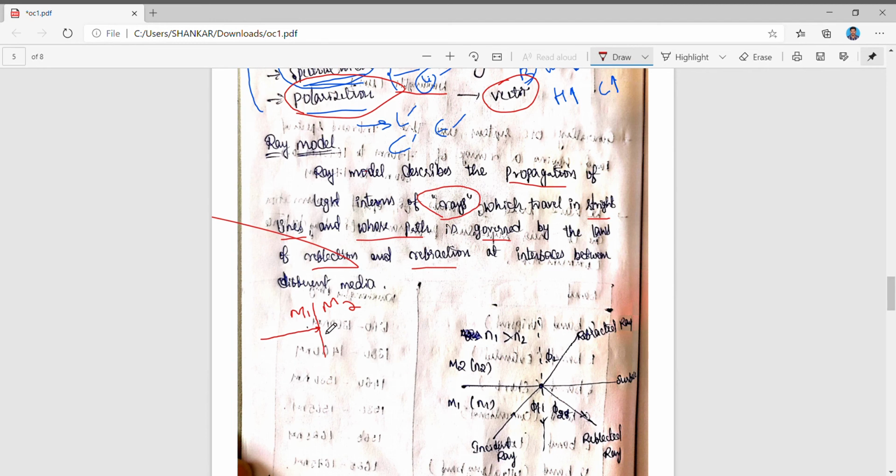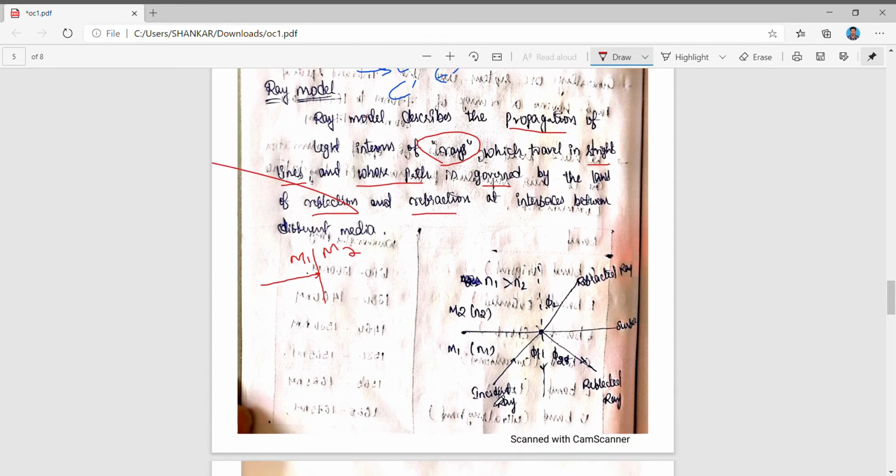See the figure here. In this figure, the dotted line represents the normal. This dotted line represents the normal plane. Here the lower surface is medium 1 and the higher surface is medium 2.